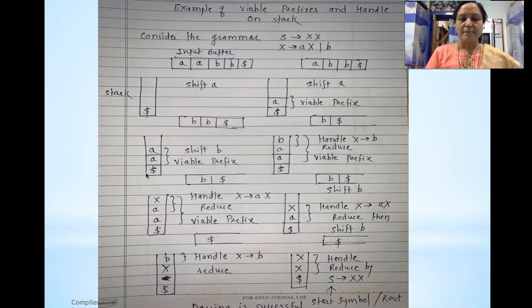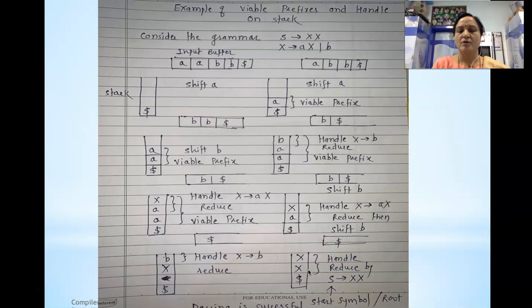Finally, in the last step, the XX which is on the top of the stack is reduced by the start symbol of the grammar, that is S, and this is how we find the viable prefixes available on the stack, and the top of the stack is always the handle.